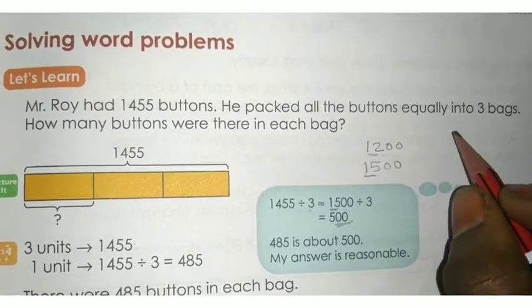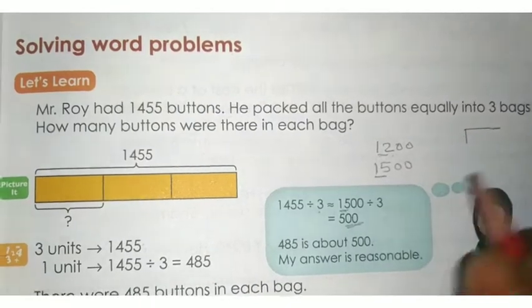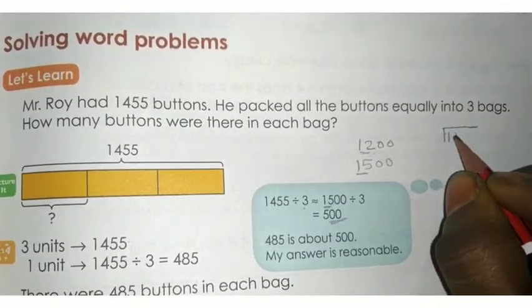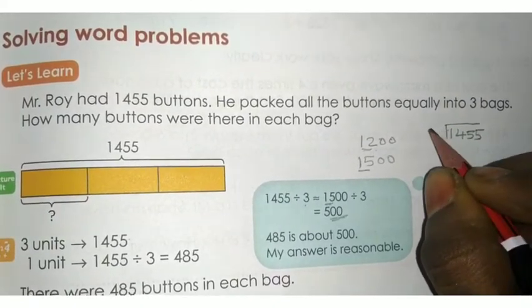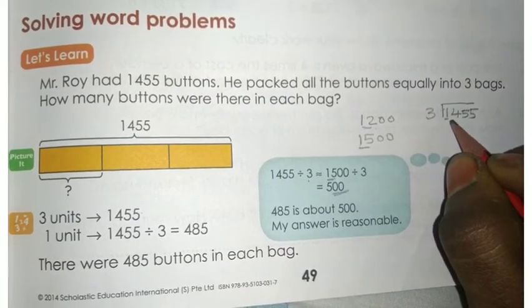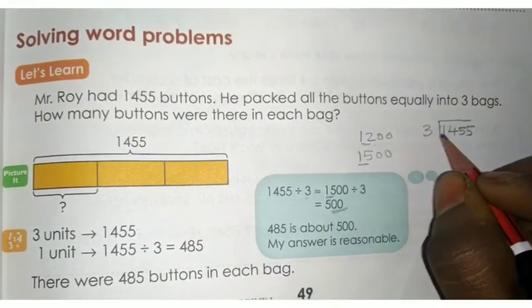If you want to check it, you have to do normal calculation. 1455 divided by 3. First consider 1 is smaller than 3, so we cannot divide it.